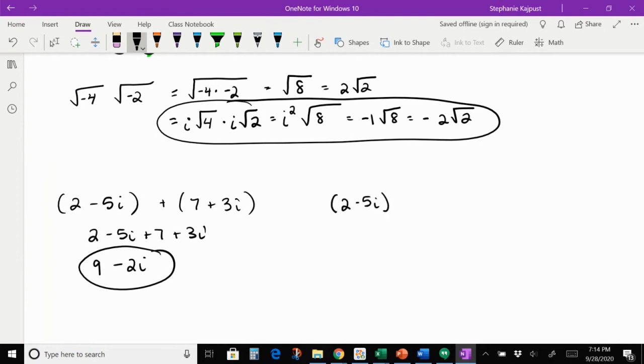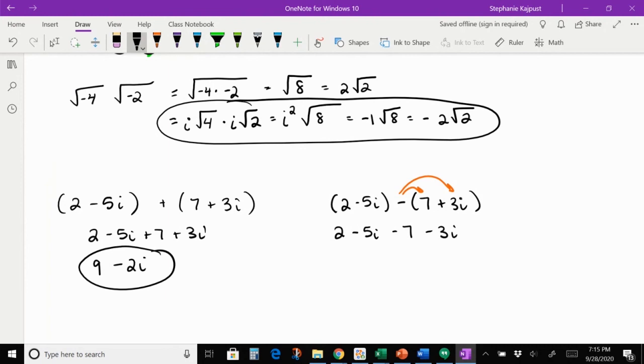If we had the same numbers and I was subtracting them, first, we're just going to follow our rules. You distribute the negative through the parentheses. So this is 2 minus 5i minus 7 minus 3i.